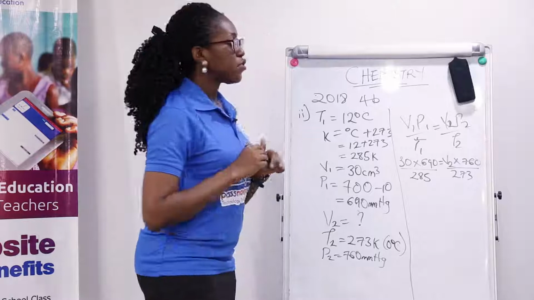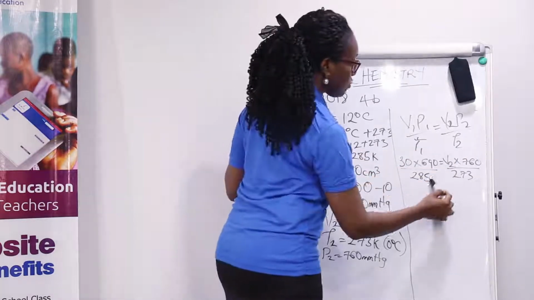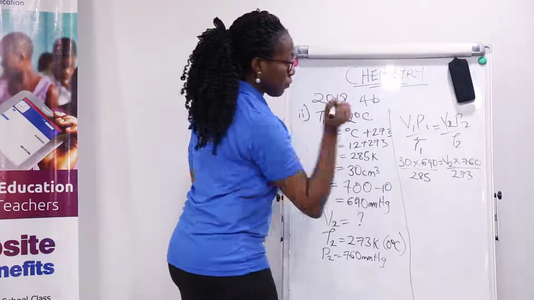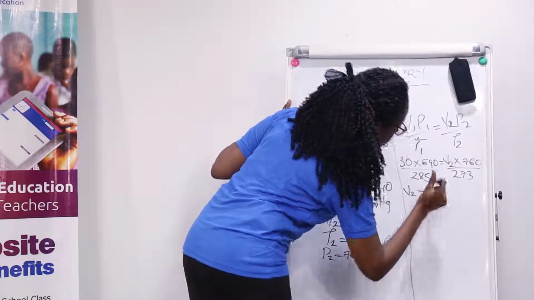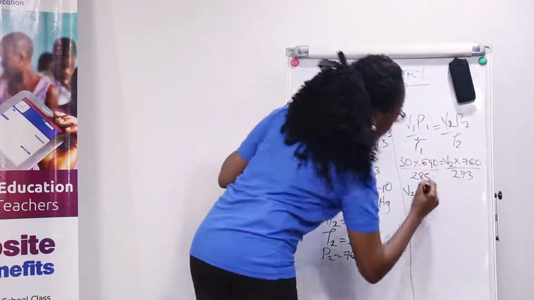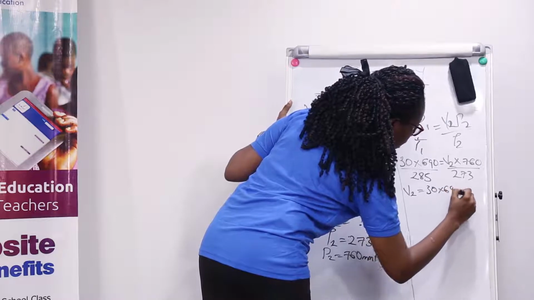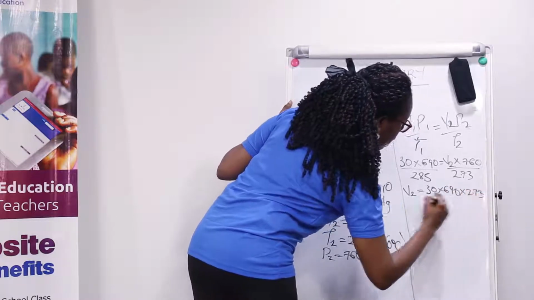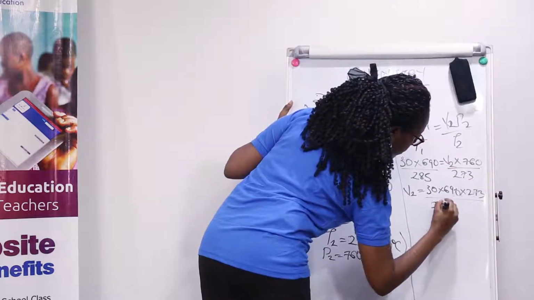Now we'll make V2 the subject of the formula, and by doing that we have to cross multiply. Hence we have V2 equals 30 times 690 times 273 divided by 285 and 760.